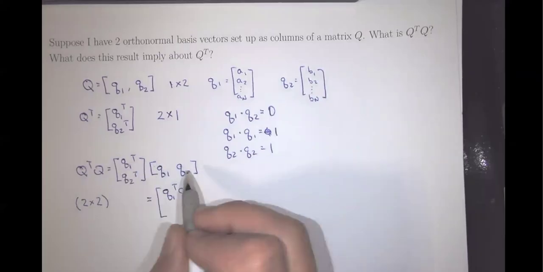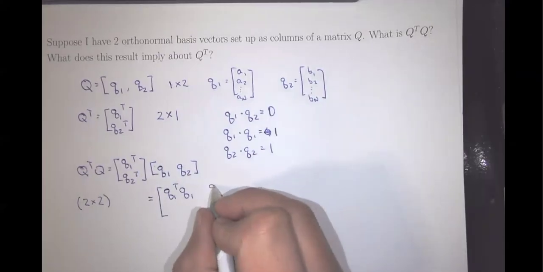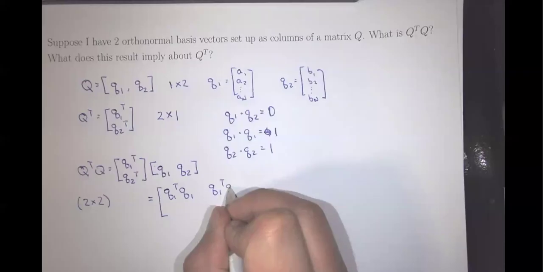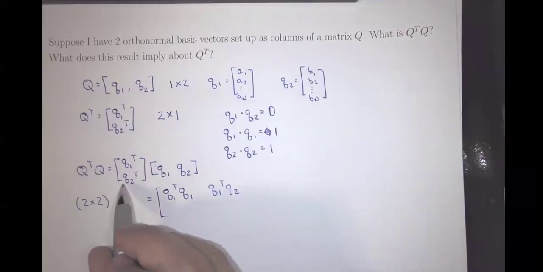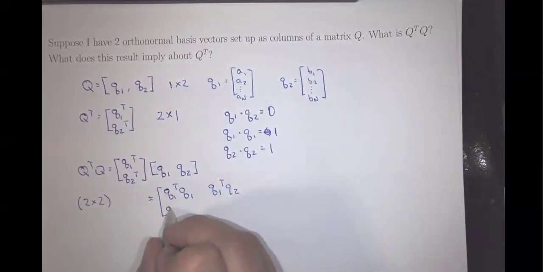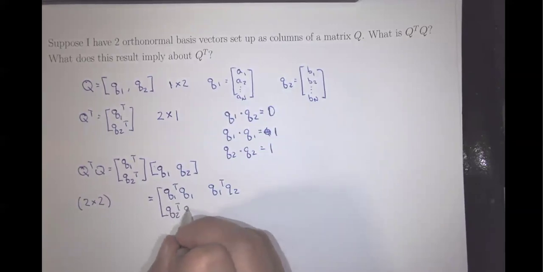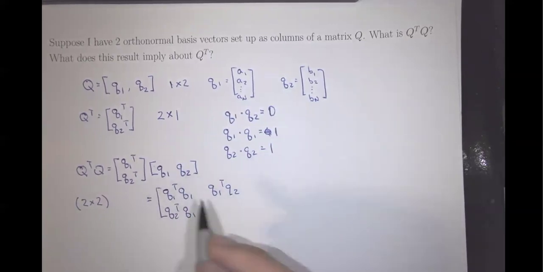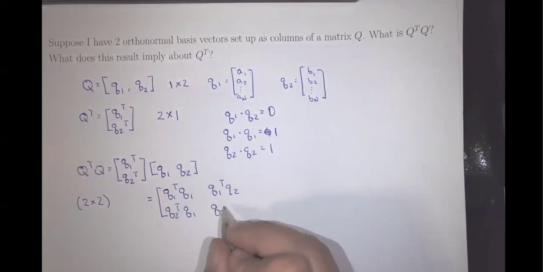Then this row Q1 times column Q2. Q2 transpose times Q1. And then Q2 transpose Q2.